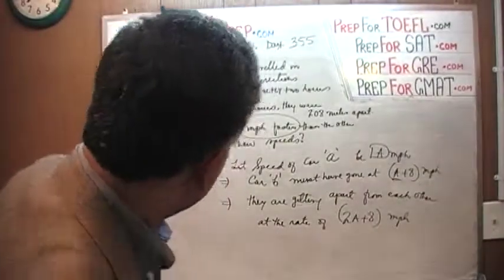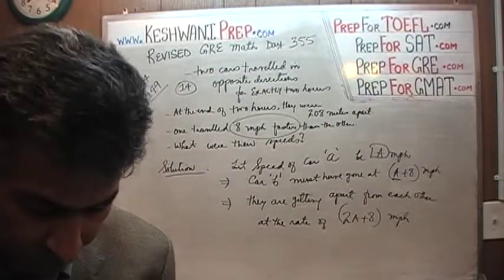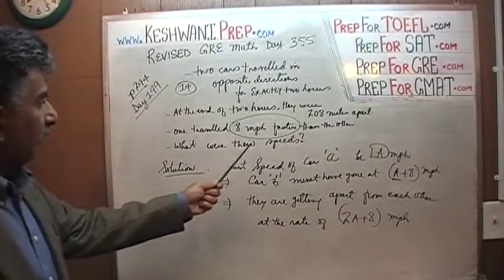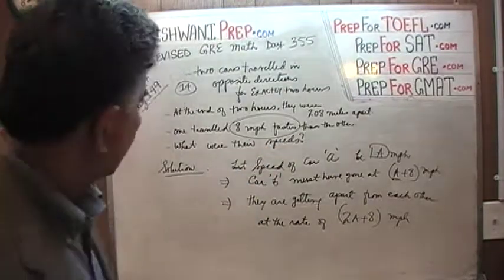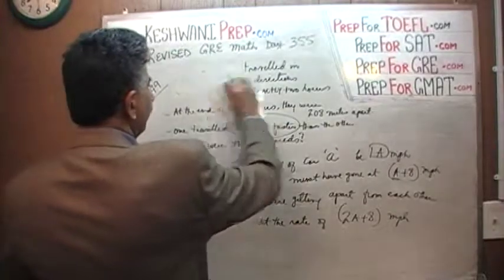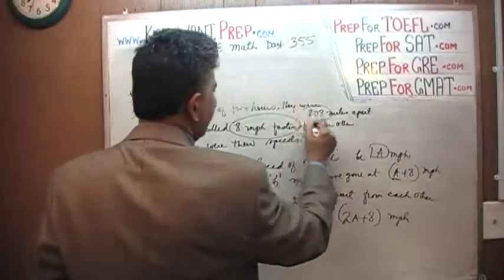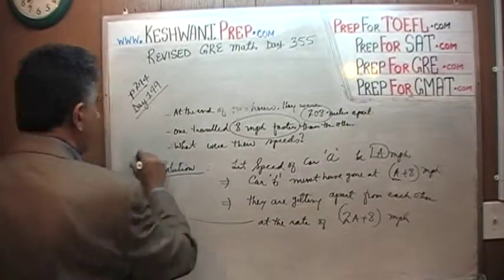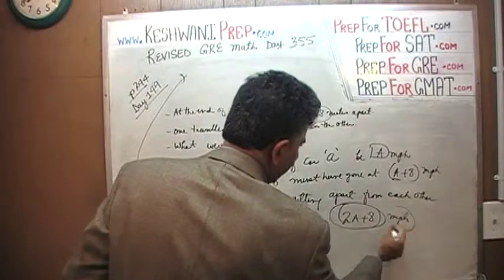We are told that in the 2 hours that they have traveled, they are 208 miles apart. So let's pick up our story from there, on the top. At the end of 2 hours, they are 208 miles apart. So they're getting apart at this speed per hour, 2A plus 8 miles per hour.